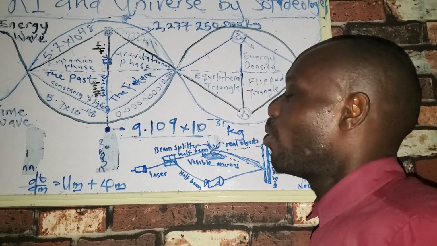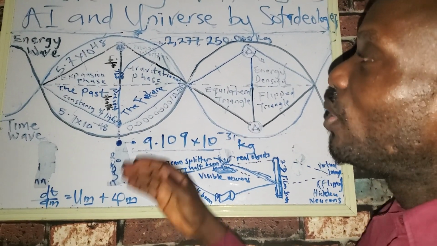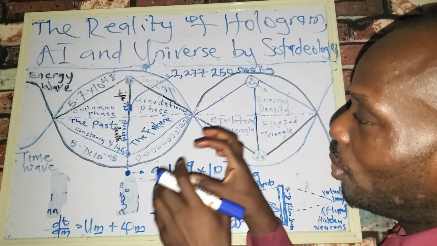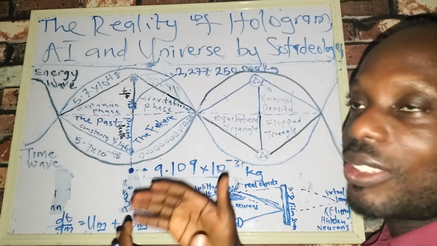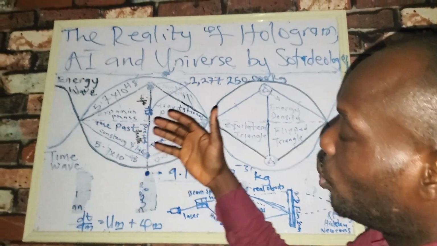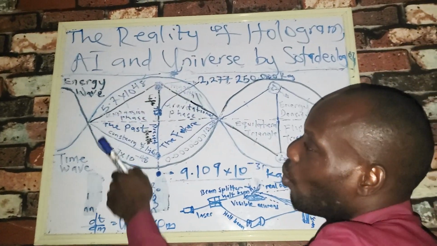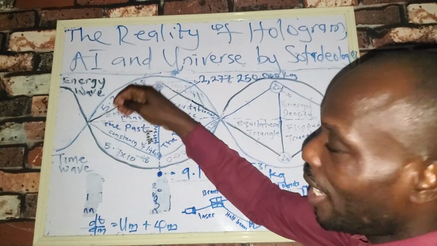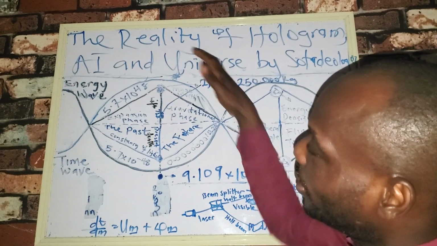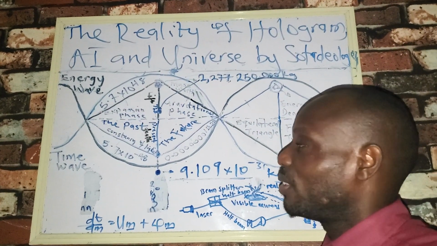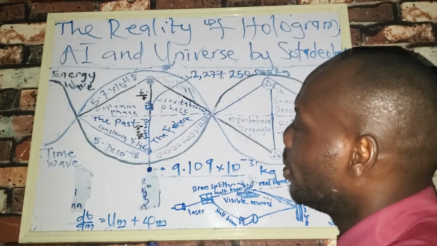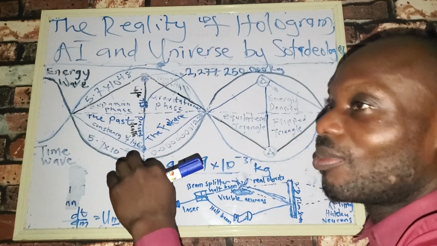AI uses changes in mass, in weight, to navigate. So when there is accumulation of weight, AI will be moving towards the classical realm. But when there is reduction in weight, it will be moving towards the quantum realm.